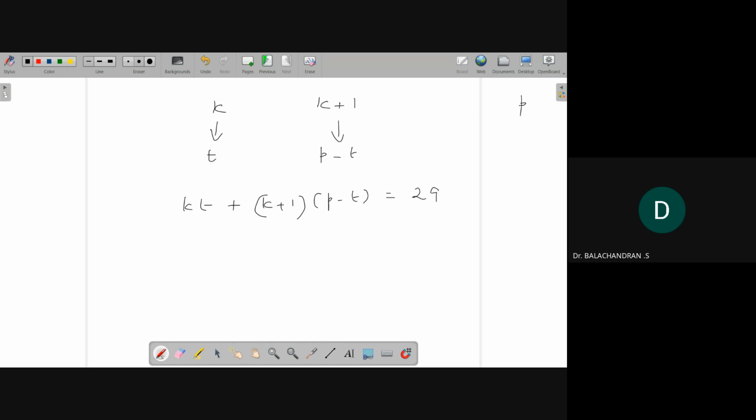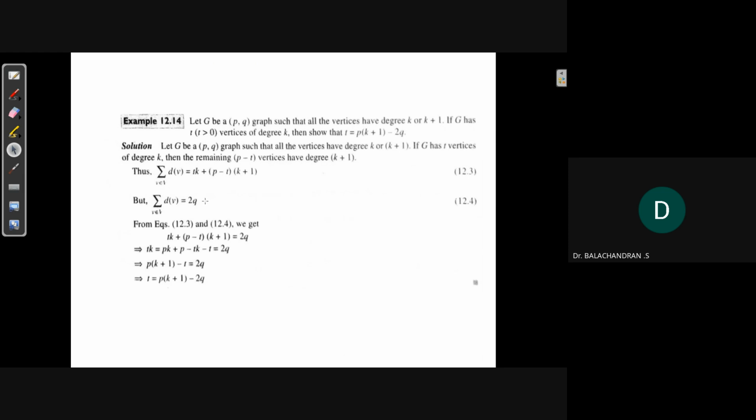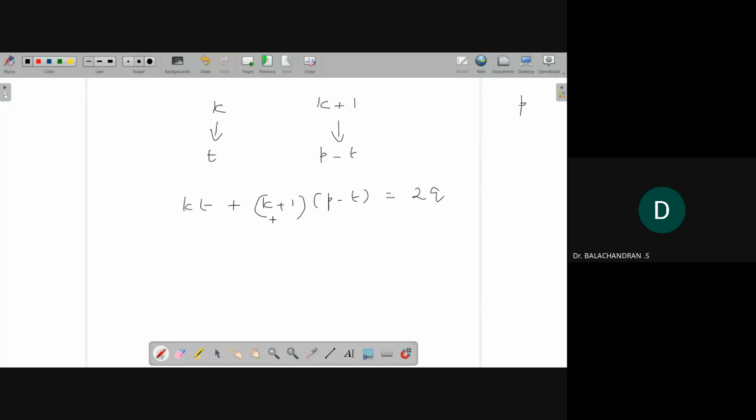2 times q. So tk plus (p minus t) into (k plus 1) equals 2q. If you simplify, you can get t. So kt plus kp minus kt plus p minus t equals 2q. Here kt minus kt gets cancelled.